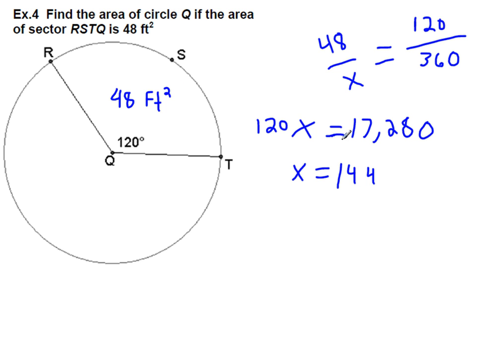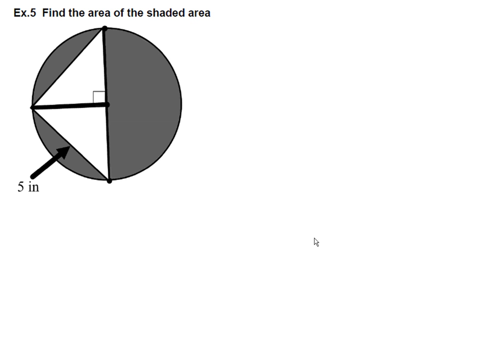And this is in feet, and this is an area. We're finding the area of the whole circle, 144 square feet. The other way that I was talking about figuring this out is if you realize that this sector is 1/3 of the whole circle and it's 48 square feet, you could just times that 48 by 3 to come up with 144. And you still have to show some work and explain how you got that, but you can do it that other way. All right, on to example number 5.